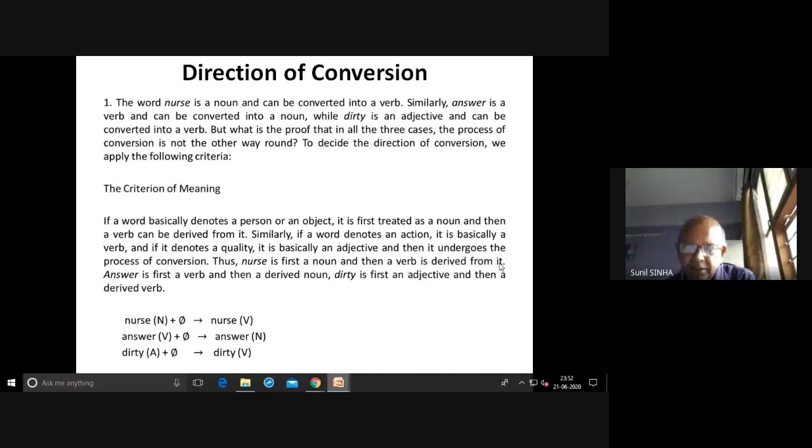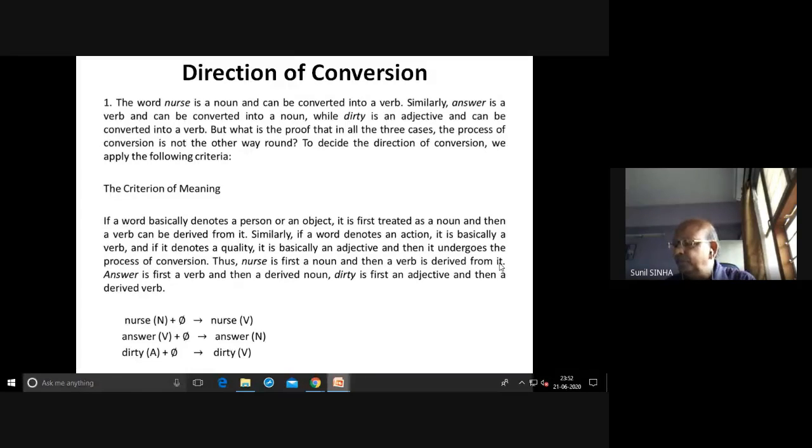What I'm saying is, why can't we change the direction of this arrow? If we change the direction of this arrow by 180 degrees, then this arrow will point towards nurse as a noun, or answer as a verb, or dirty as an adjective. You get the point?